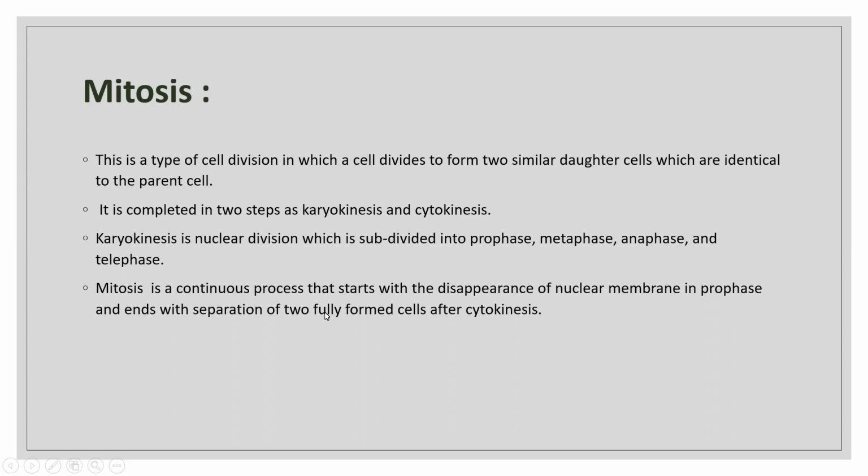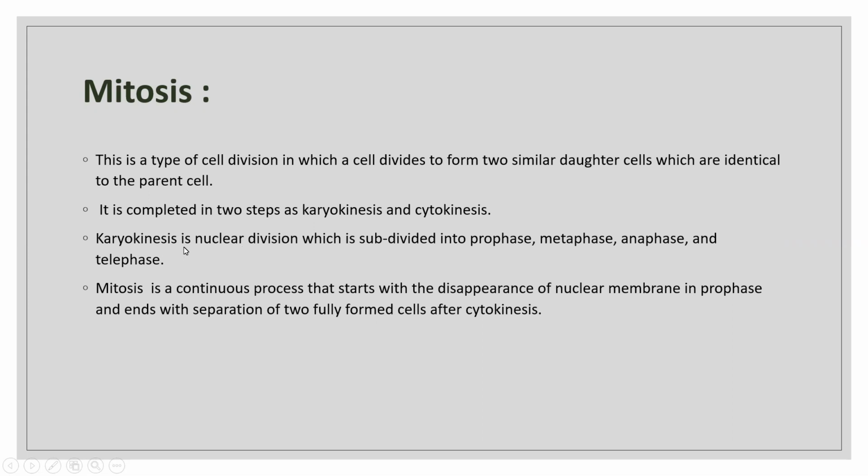Mitosis is a continuous process that starts with disappearance of the nuclear membrane in prophase and ends with separation of two fully formed daughter cells. So mitosis occurs in two stages. First is karyokinesis, where division of the nucleus takes place. And when the division of the nucleus is completed, cytokinesis, that is division of the cytoplasm, takes place.